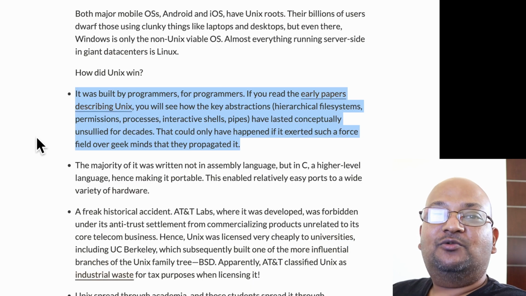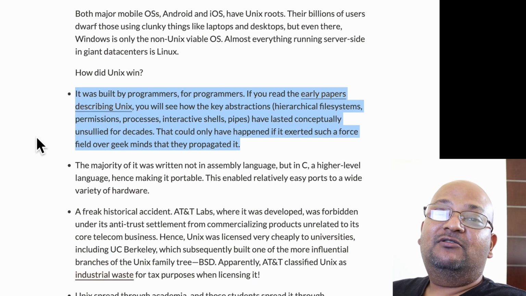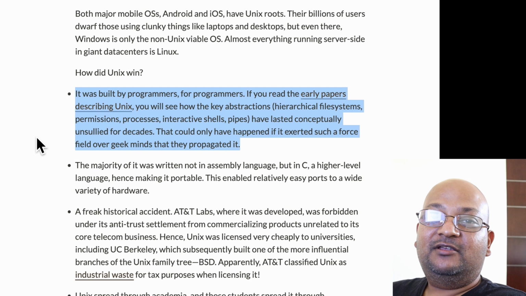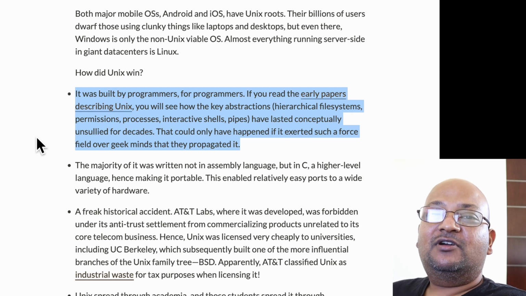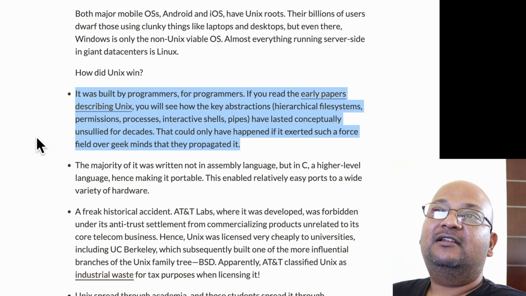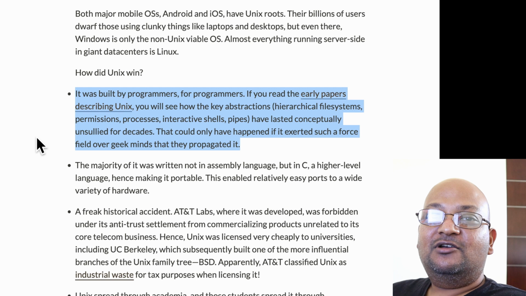So how did Unix win? If you look at some of the original papers describing Unix, you will see how some of the core abstractions, things like the hierarchical file system and interactive shell, processes, pipes, all of these haven't changed very much in all the decades that followed the initial conception.